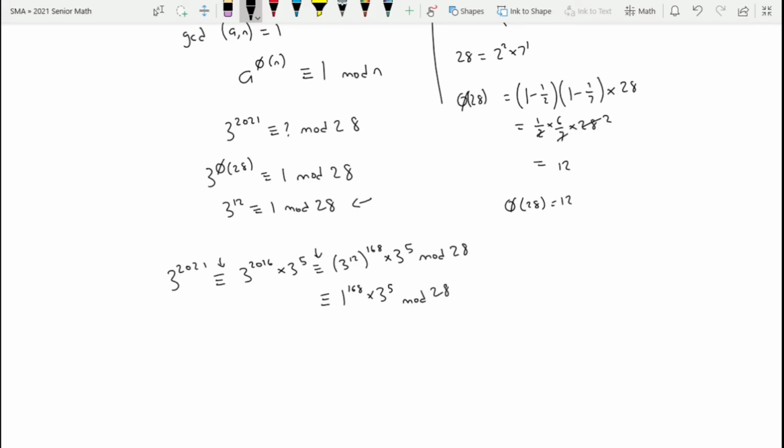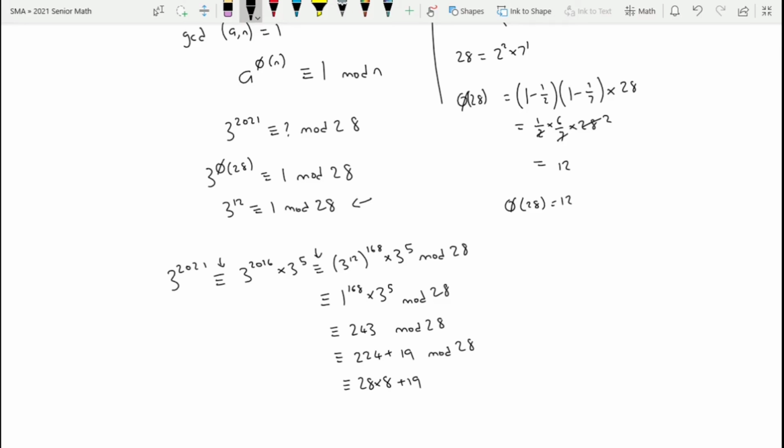And so 1 raised to the power 168 remains 1, and 3 raised to the power 5 is 243 mod 28. From this point we can rewrite 243 as 224 plus 19 mod 28. 224 is a multiple of 28; in fact, 224 is 28 times 8.